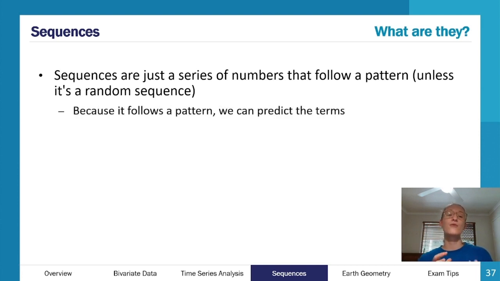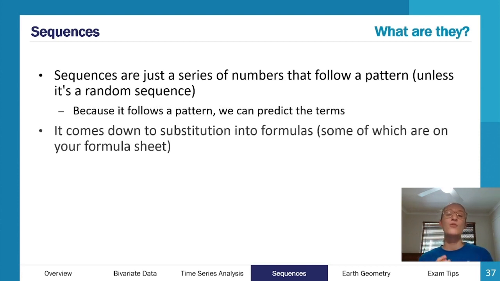Because it follows a pattern, we can predict the terms. For example, the number pattern 2, 4, 6, 8, 10 is a sequence. We've already looked at a sequence together today, a number sequence that follows a pattern.